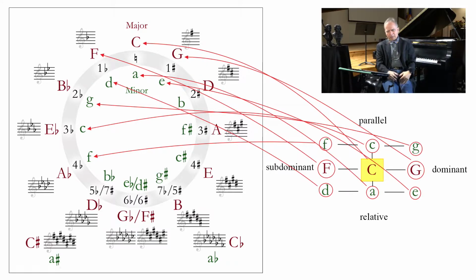So it's going to be very easy to modulate, to change keys, when you're going to these closely related keys. I will go to the piano and I'll show you in a second. And you also have the parallel line, the one on top, where you can change modes. For example, going from C to C minor, or from G major to G minor, or F major to F minor, okay?